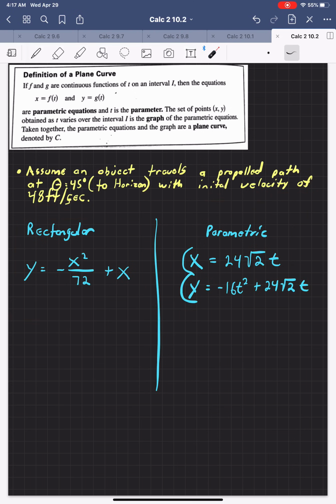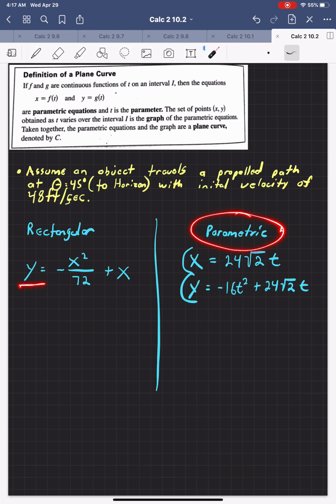So let's assume that you can get to where I am right now. Assume you can get to here. So now, I'm trying my best to sell you on why this parametric for the rock that you just threw is far superior to the rectangular equation.